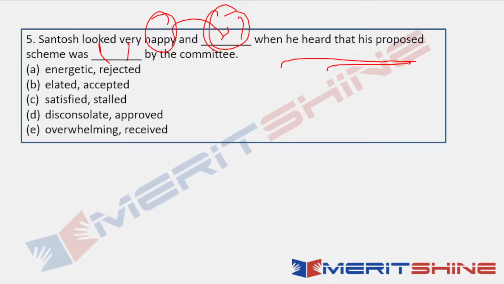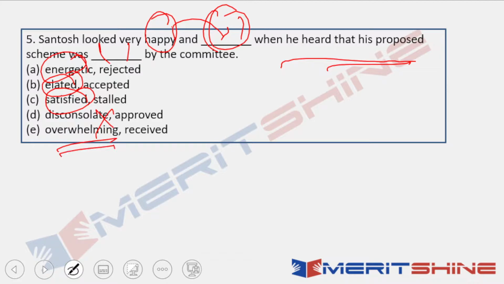So, what do you say in here? Very happy and energetic, elated, satisfied, all three are positive words. Disconsolate means sad, it will be eliminated. Overwhelming. Now first of all, overwhelming does not fit as a grammar. You should have had overwhelmed. Now you see how grammar can also help you reduce your time in solving these questions.